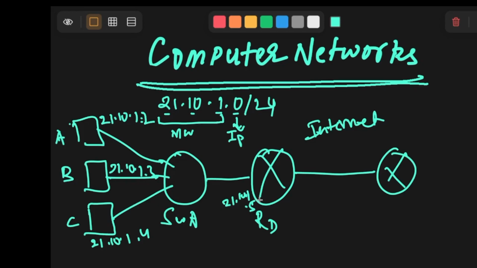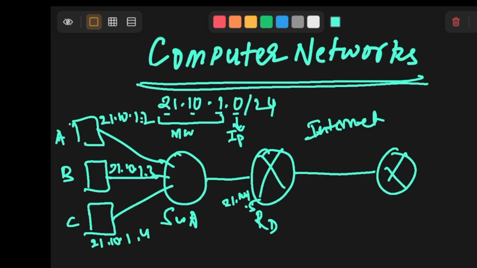Now you would say, why 255? 2 power 8 is 256, so I have 256 IPs. 0 to 255 is what has been assigned to me, which I can use to assign to my hosts. Makes sense. So now, how do I use it more efficiently?